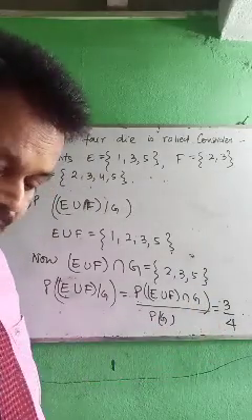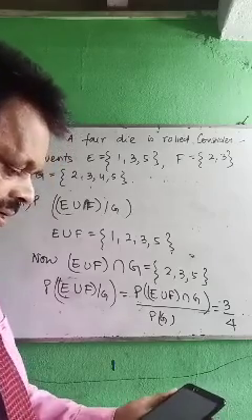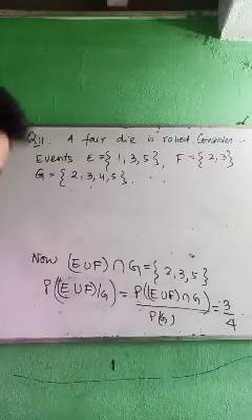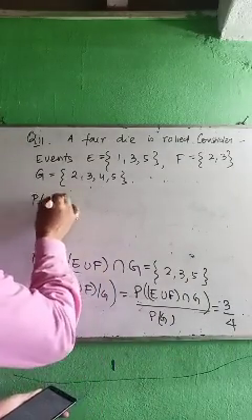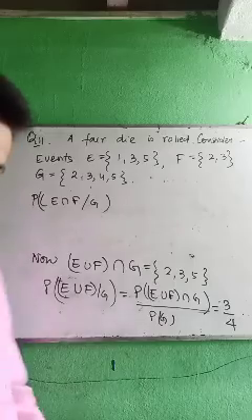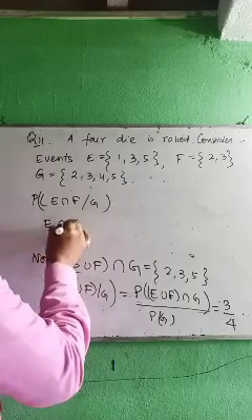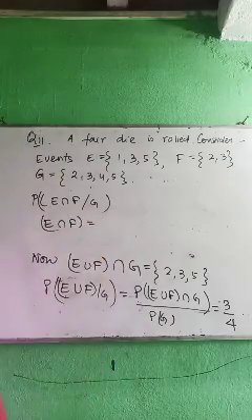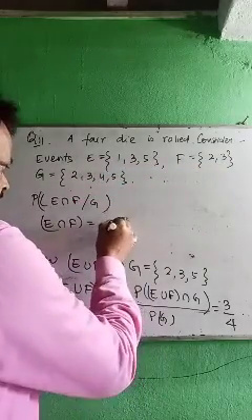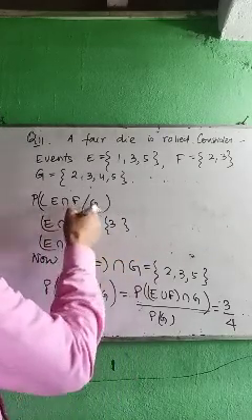3 by 4. Similarly, next part is E intersection F condition G. That means you have to find out what is E intersection F. E F ka intersection, that is 3. E intersection F, again intersection with G you have to take.